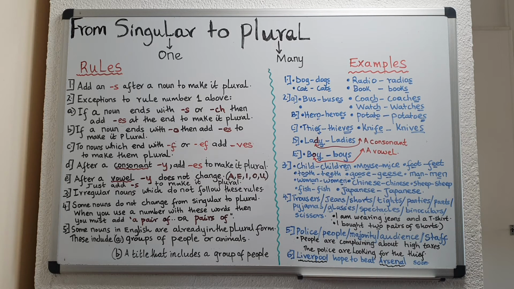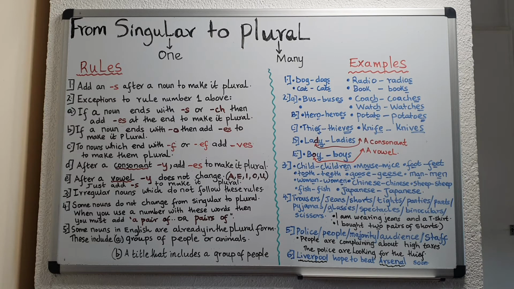Then you have foot becomes feet. My foot is painful. Both my feet are painful. So O becomes EE. Foot, feet. The same thing, you have tooth. O becomes EE. Tooth, teeth.